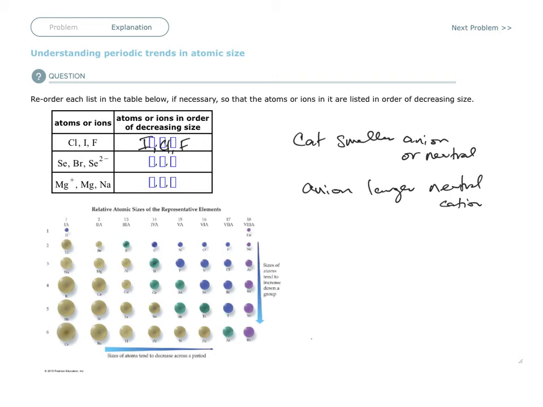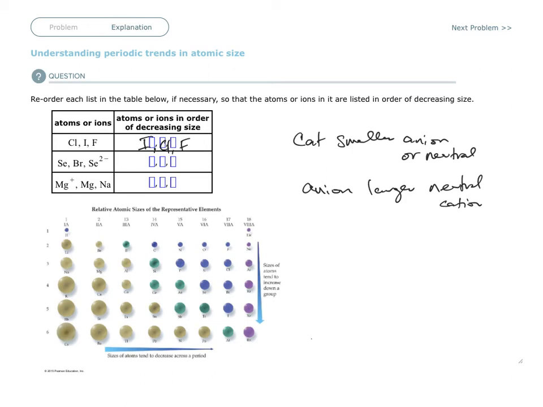Your next one is selenium, bromine, and selenium ion. Selenium and bromine: bromine is going to be smaller. And then what's going to happen to the selenium ion? Anions are larger.